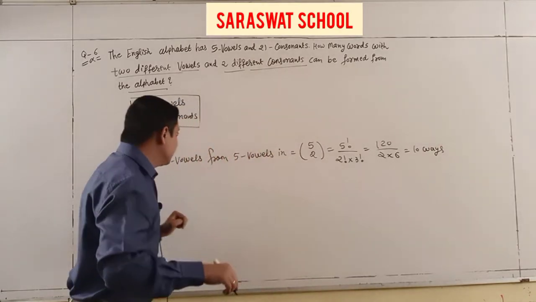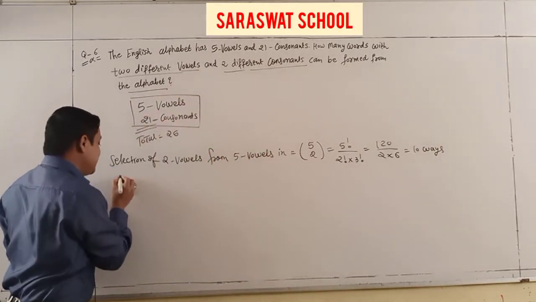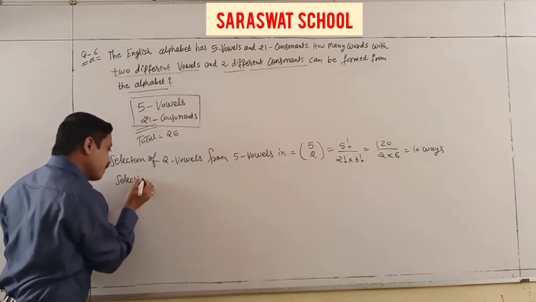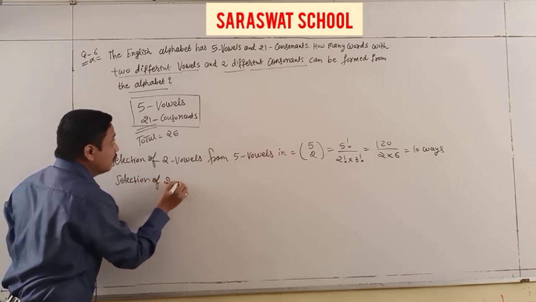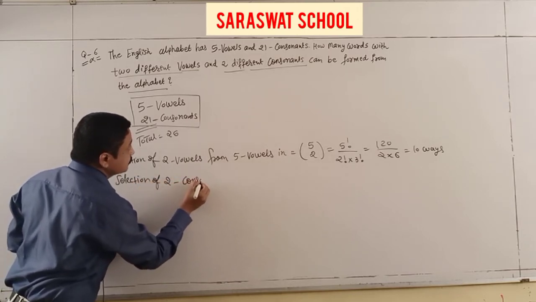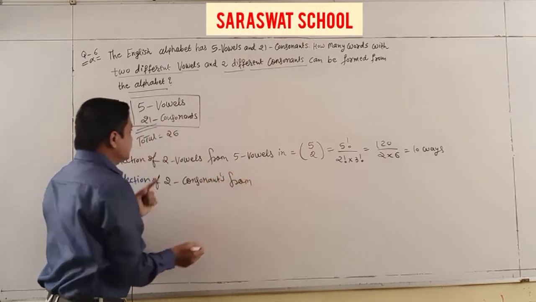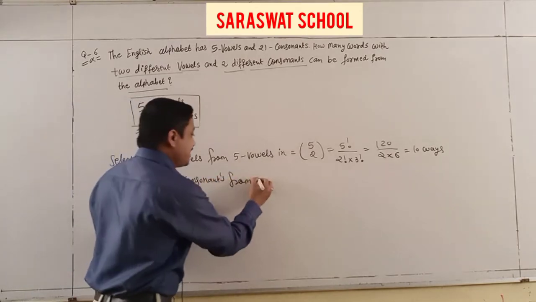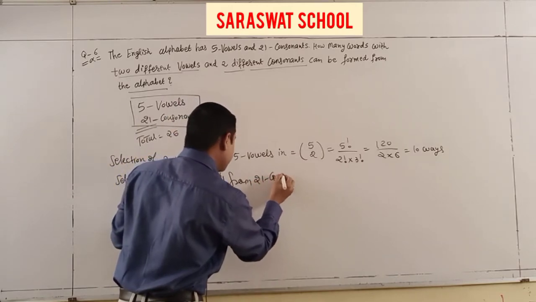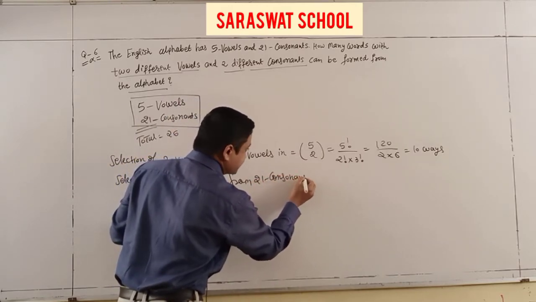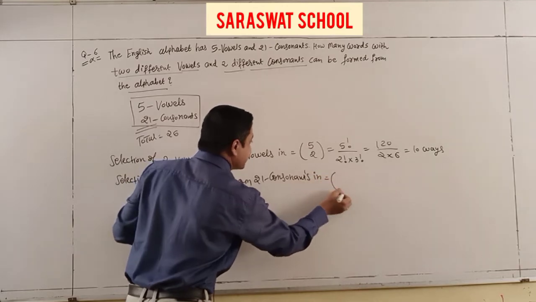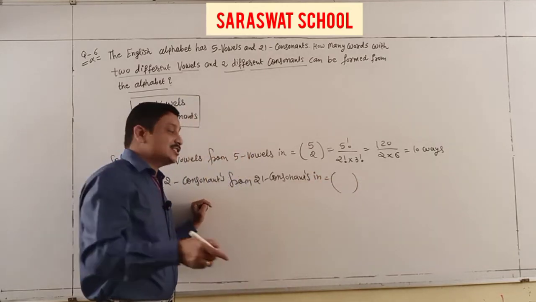Now after that I go to the second line. Yes, selection of 2 consonants. From how many consonants? 21. Yes, from 21 consonants, in the way of my selection, total 21.